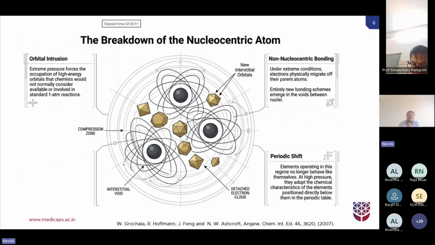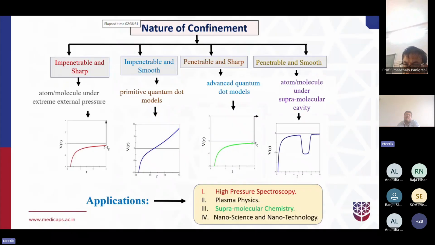Now, if we see the structure and rearrangement of the orbitals, we can see that due to this rearrangement of atomic orbitals, their periodic trend changes. And orbital rearrangement gives rise to the generation of new states. So this confinement can be classified into 4 different types. First, impenetrable sharp.